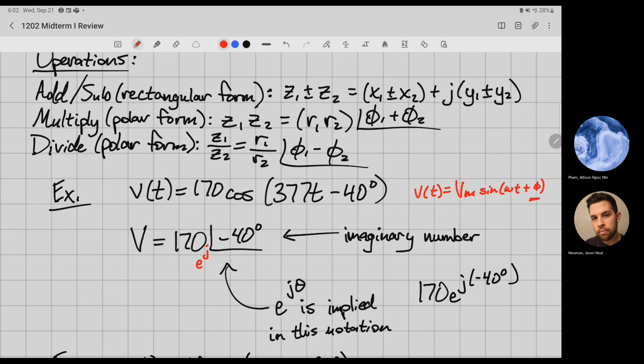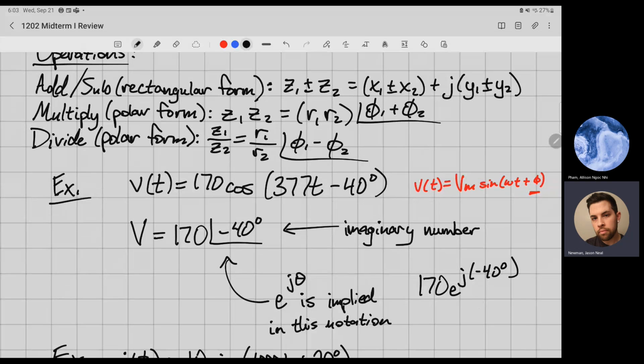I know we're not dealing with the exponential form, but I wanted to introduce you to it because you will be running into it tons in the future. We're not going to do any calculations with the e right now. I just wanted to show y'all that it's there, and it will show up again. You can guarantee that. So this is actually what the phasor looks like, but it's just shorthand notation.